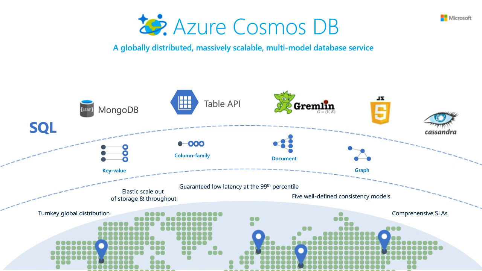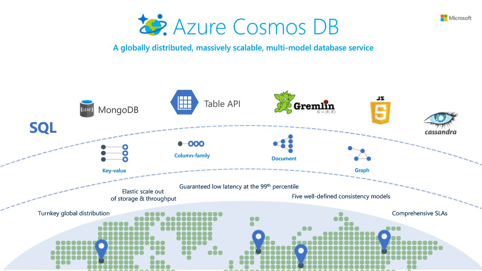The replication allows us to build turnkey global distribution capabilities, which we augment with a well-defined set of consistency models that you can tune, trading consistency versus performance for your application. The partitioning allows us to elastically scale out your application and database's storage and throughput.